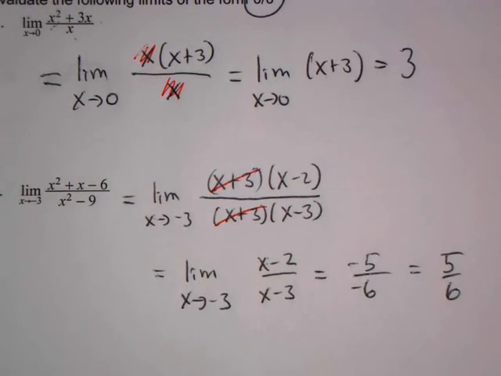Okay, now something I want you to notice. Not only is it important in math to get the right answer, it's also important in math to write the right symbols.